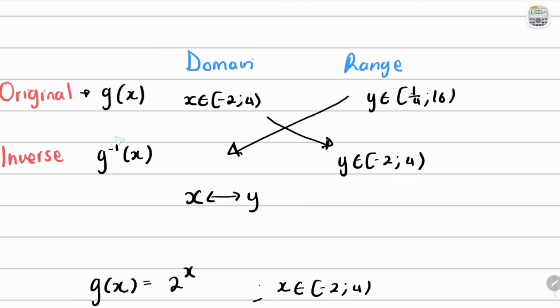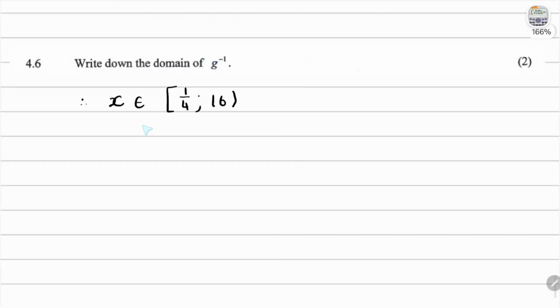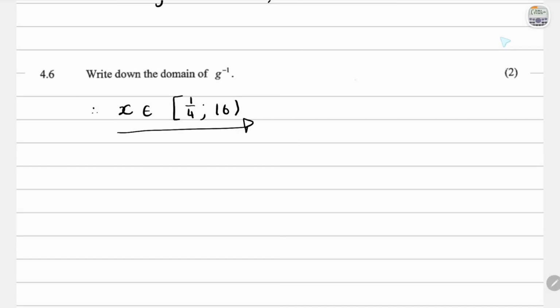So here, the domain of the inverse is x is an element of, because it's still x values, going from 1 over 4 all the way to 16. So that is what our answer would look like. This is our domain. Okay, so that is that question.